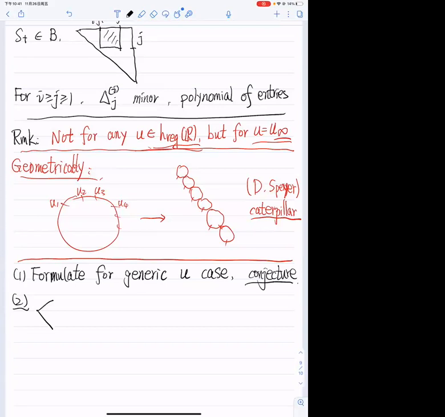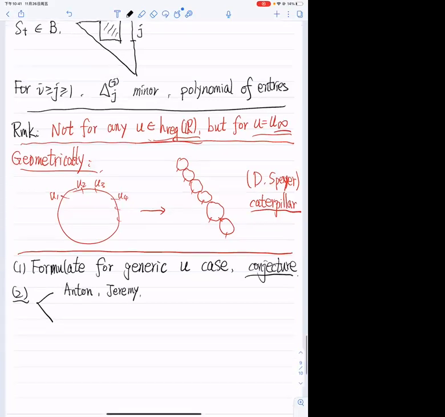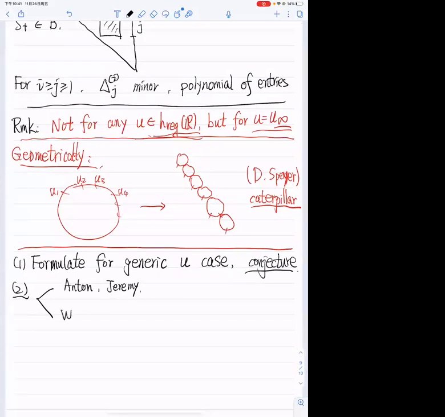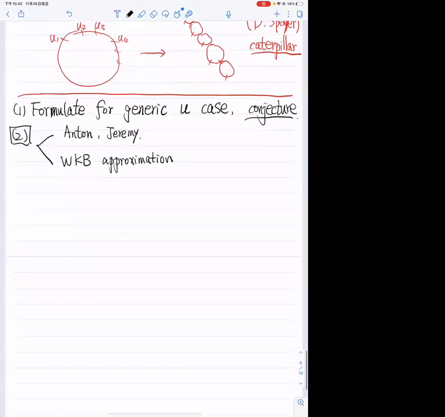First, I want to take this tropicalization from the viewpoint of Anton and Xiaomeng's talk. And then I want to give a feeling for why it's true from the WKB approach, analysis. Yeah. Let me first do the second thing.